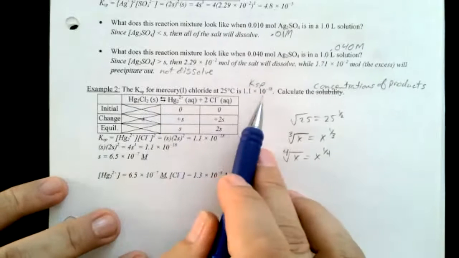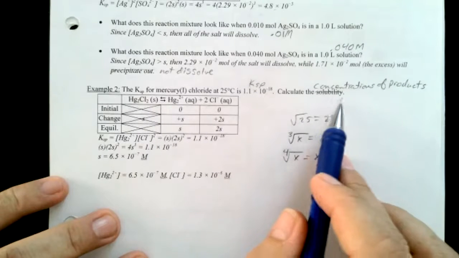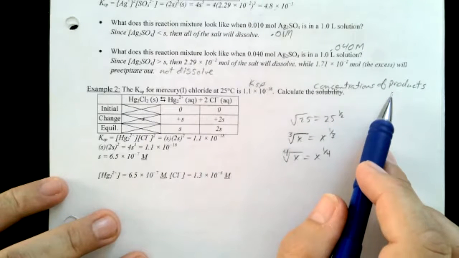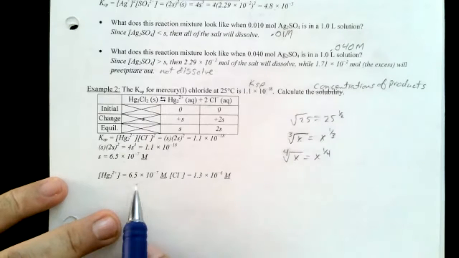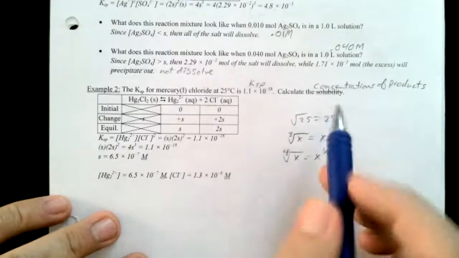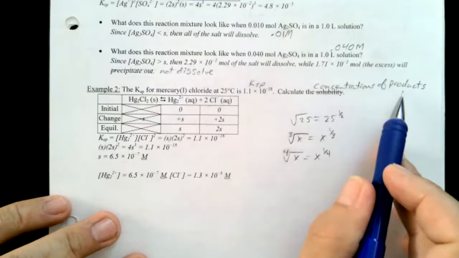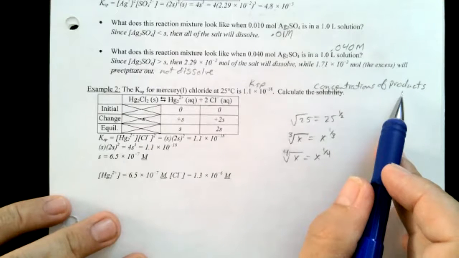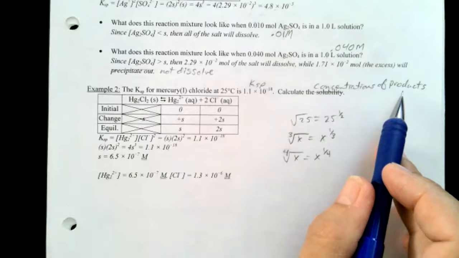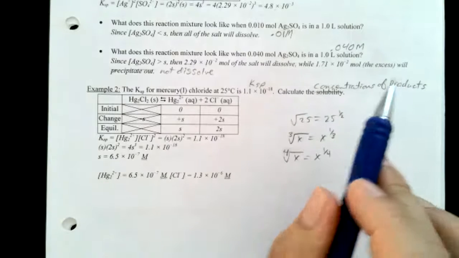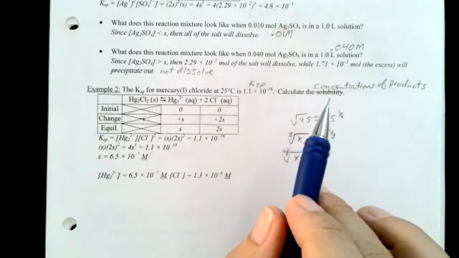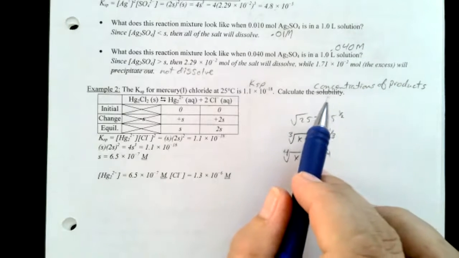So the KSP is this. Calculate the concentrations of the products. Because look, they went, yeah. Did I fix that on yours? Does it say that? It still says calculate the solubility.